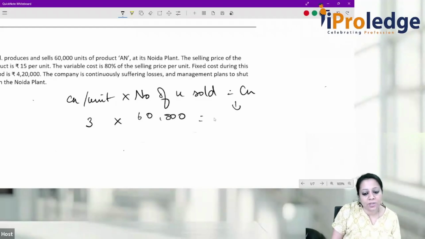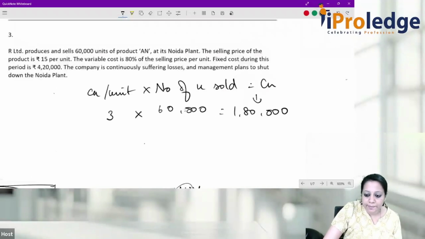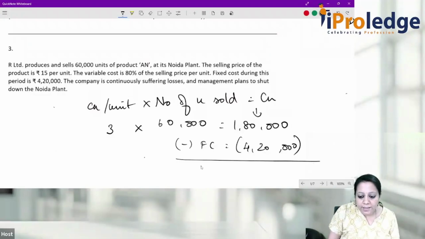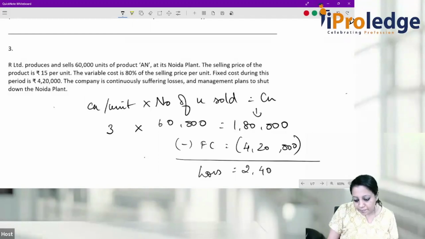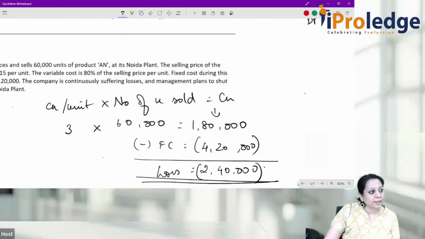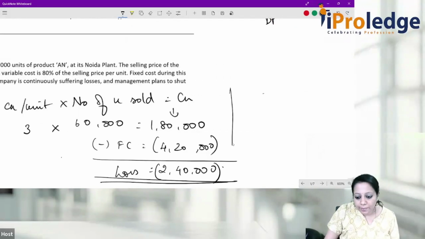That means contribution is 1,80,000, minus fixed cost. Fixed cost is 4,20,000. That means the loss that we will make is 2,40,000. Existing loss is 2,40,000. Shall I proceed?